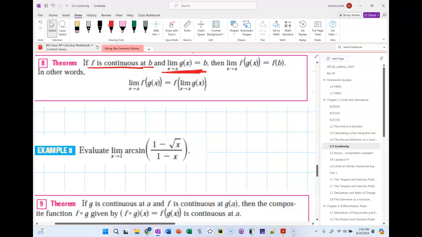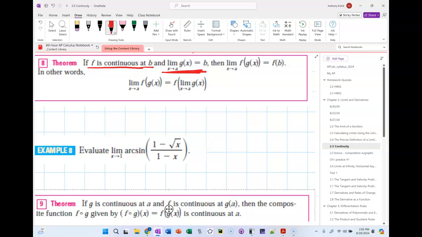Okay, so let's look at an example here. This is the limit as x approaches 1 of arc sine of (1 minus root x) over (1 plus root x). What is arc sine again? Just sine inverse, right? Inverse sine, sine inverse, whatever you want to say. Good.